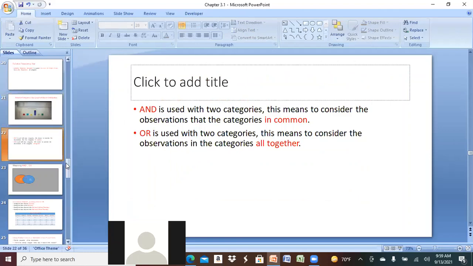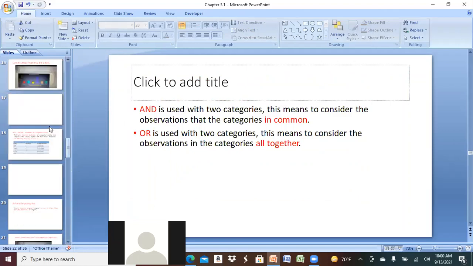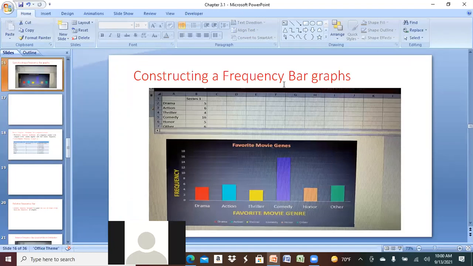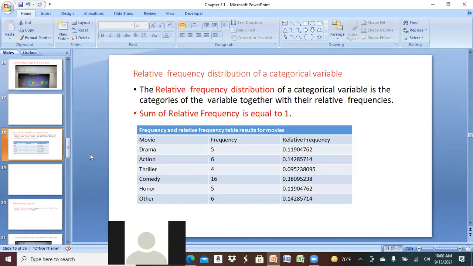Any question about the frequency and frequency bar? Go to the document and you can control it. And remember, relative frequency: when you add everything, it always equals 1.